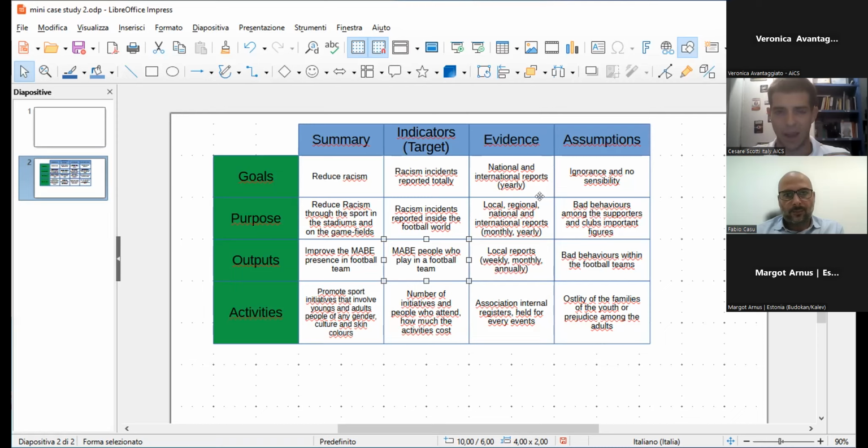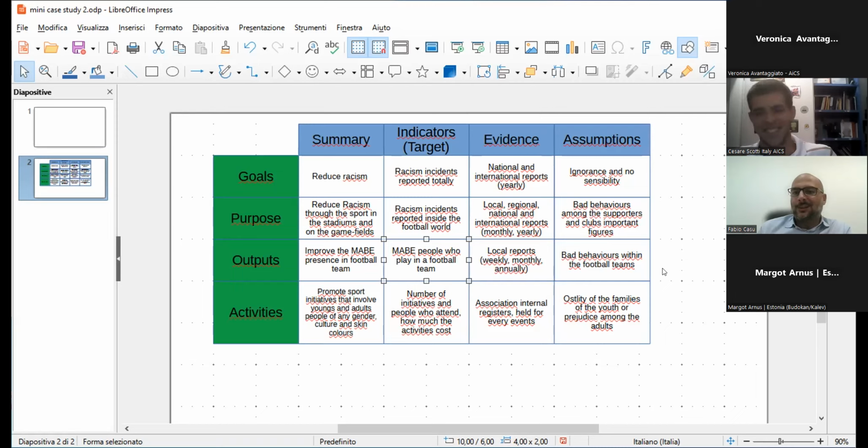I had some doubts about my evidences, because incidents can happen, but they are not always registered. A lot of times you have incidents, but nobody tells you that there was an incident. Nobody sees it. So in that case, where is the risk? The risk is that if you calculate through the news on the website, you can say, okay, in this month, no incidents, so everything is good.